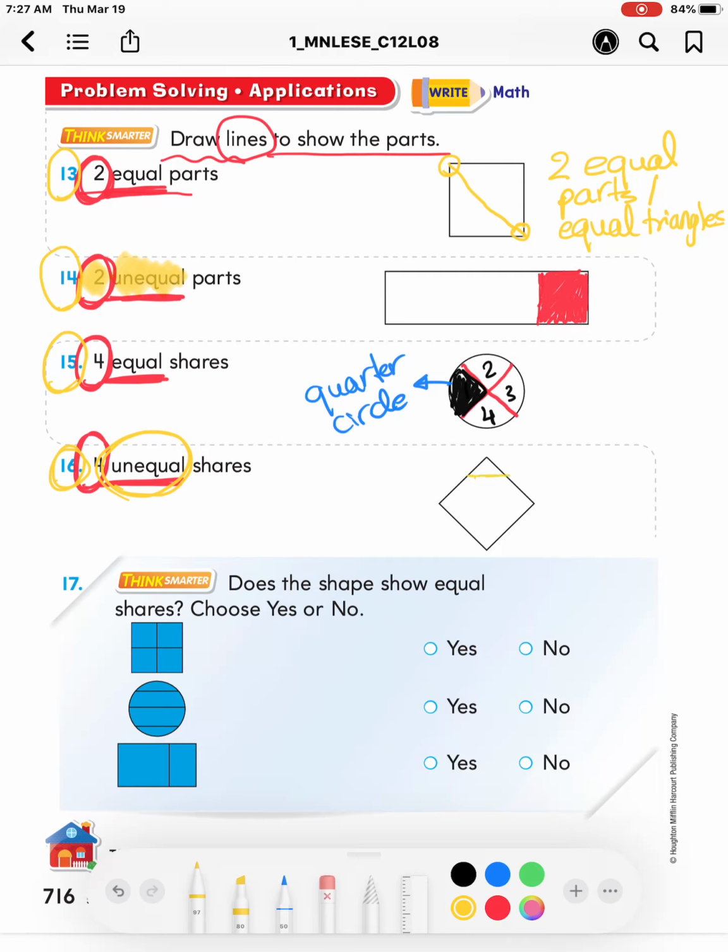We can draw it like this. So we have very tiny small part and another tiny small part and 2 big parts. So this showed that it's divided into 4 unequal shares.